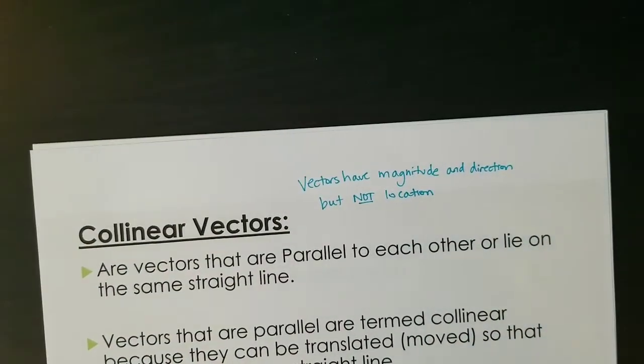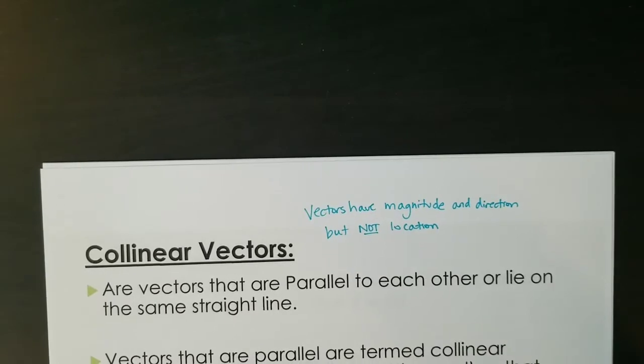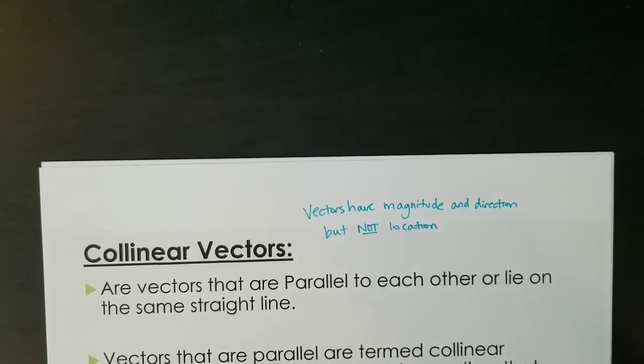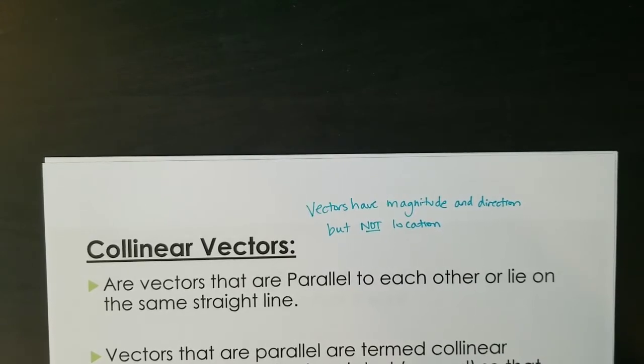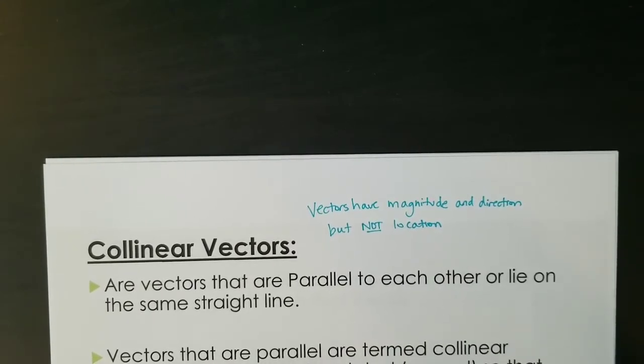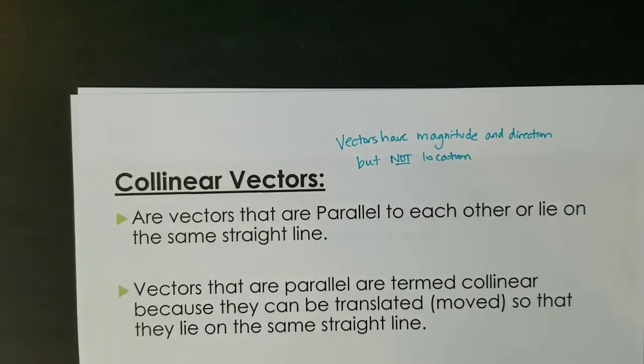So vectors are not situated in any particular location. They have a magnitude and they have a direction, but they don't have a location on the coordinate plane or in space.